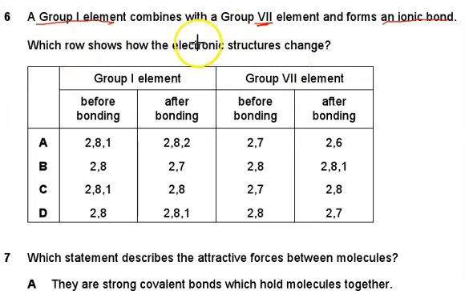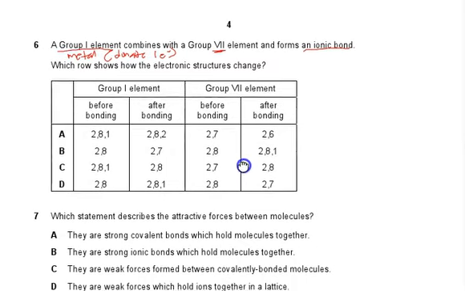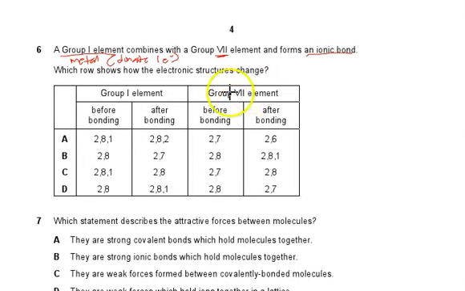So group 1 will form a metal. They will donate 1 electron. Let me make it a bit smaller so I can write an equation here. So group 1 will donate 1 electron.